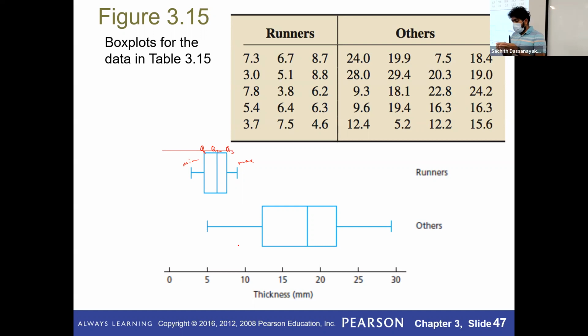Okay, so let me draw a new one. If I have a box plot like this, it doesn't matter what is inside.